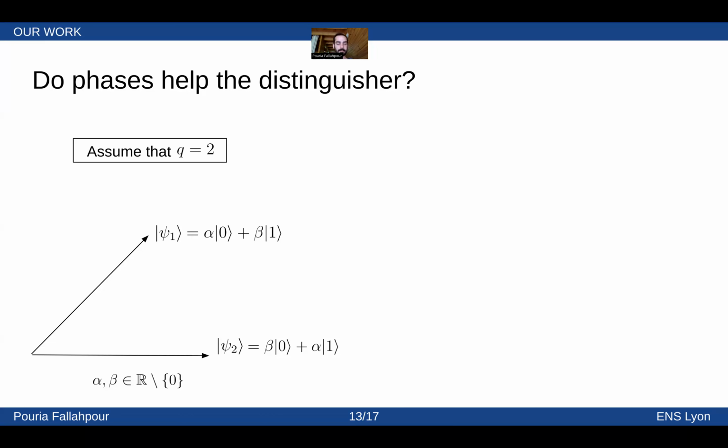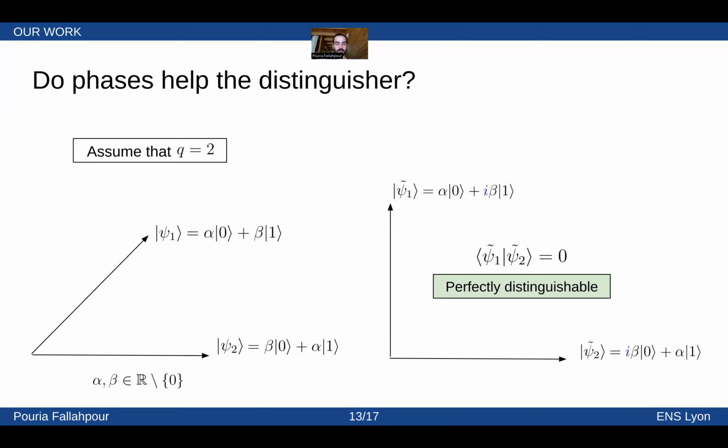We can choose a simple imaginary phase for the amplitude beta. Then if you compute the inner product of these psi tilde states, it equals 0, and this means they're perfectly distinguishable. Unfortunately, this technique cannot be generalized to an arbitrary choice of Q. We cannot make them perfectly distinguishable.